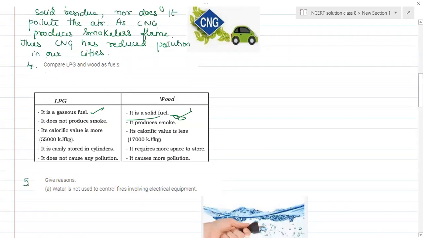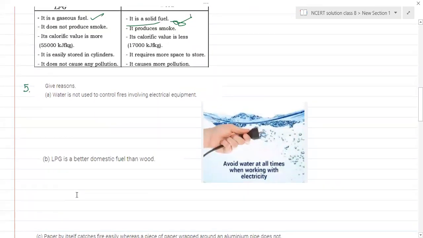Coming to the fifth question, give reasons, and give reasons are always a very important question in a science paper. Water is not used to control fire involving electrical equipments. For this, water can conduct electricity.